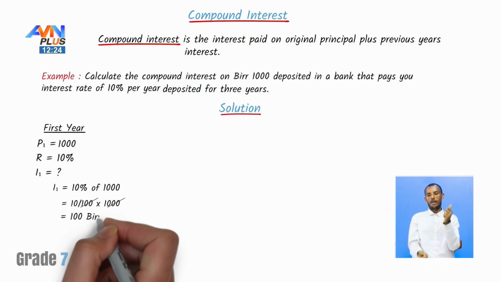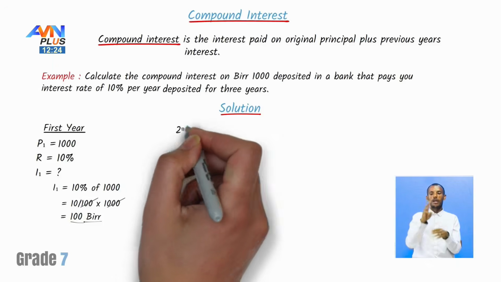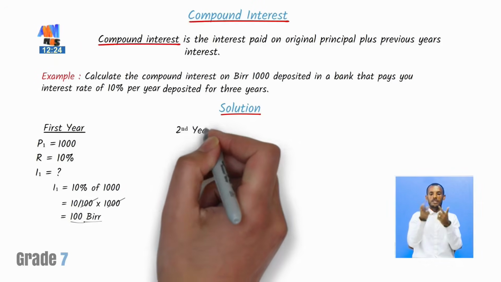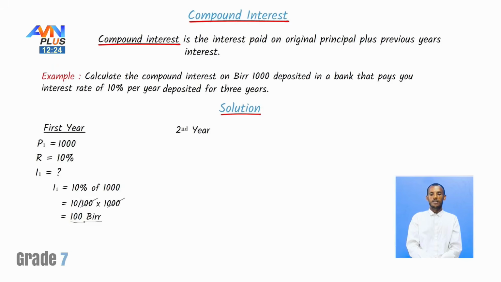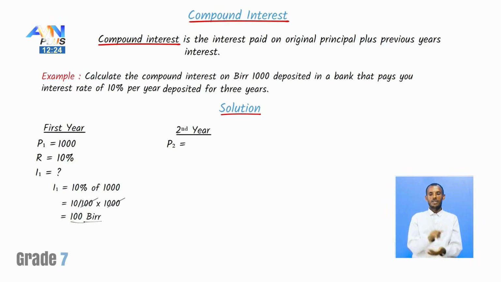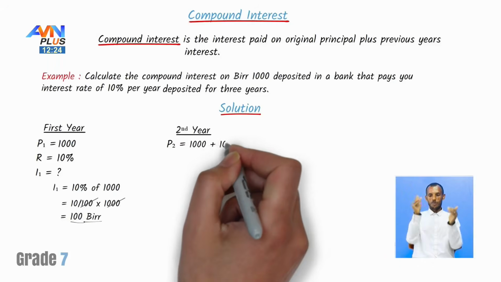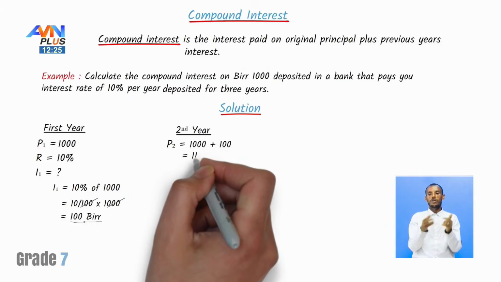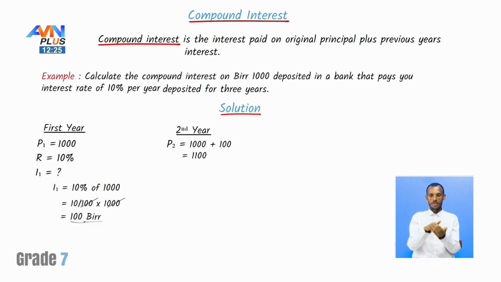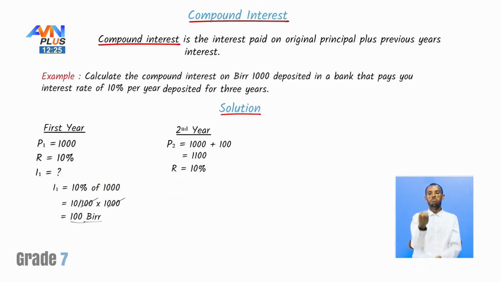On the second year, this interest also gives you an interest. So, the principal will change every year. On the second year, the principal is not 1,000. It is the sum of 1,000 and 100. So, the principal for the second year is 1,000 plus 100, which is 1,100.